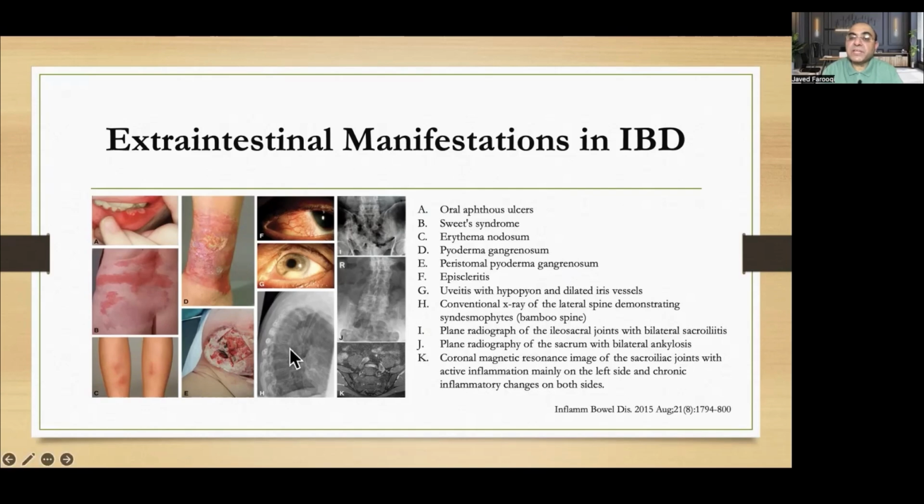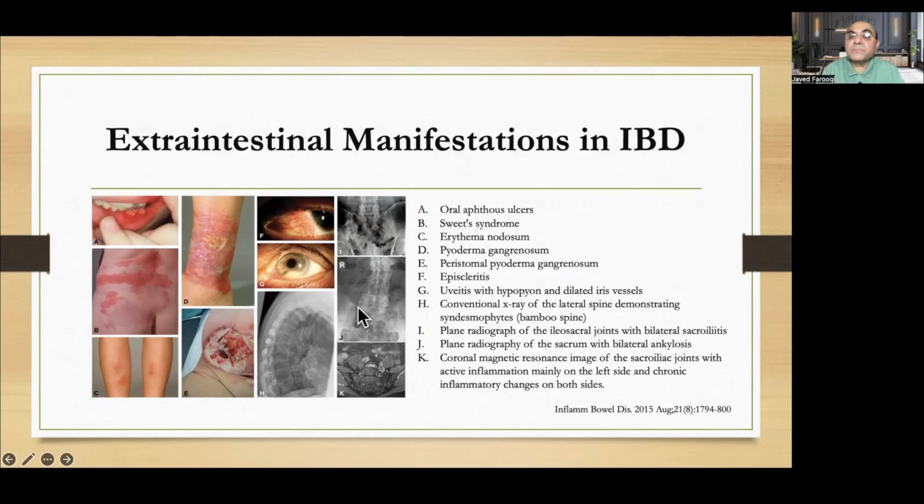This is the conventional X-ray of the lateral spine demonstrating syndesmophytes, that is the bamboo spine. This is the plain radiograph of the sacroiliac joints with bilateral sacroiliitis. The distinction is almost gone.